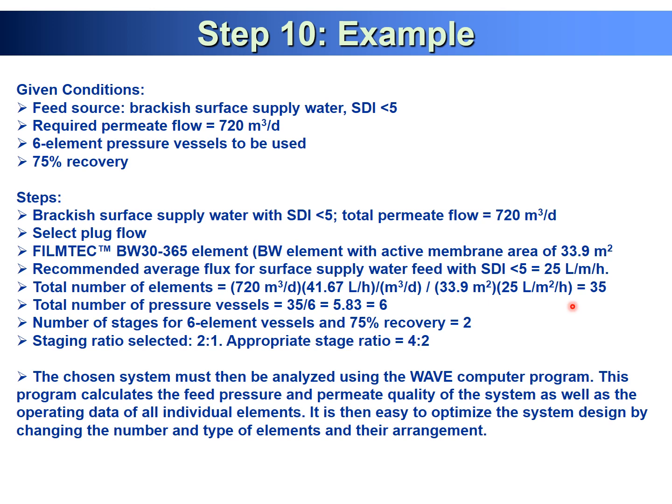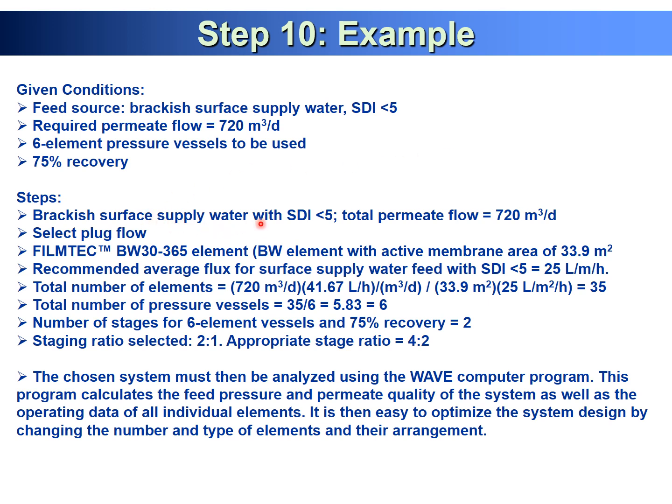The basic conditions are: feed water source is brackish surface water supply, SDI less than 5, required permeate flow is 720 cubic meters per day, 6-element pressure vessels to be used, and 75% recovery. So we can go step by step based on these conditions.